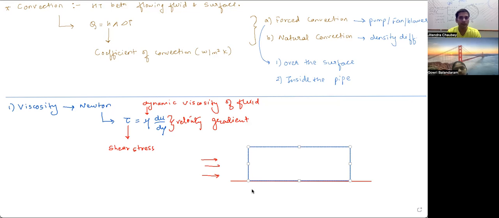The adhesive force is the force between the fluid and the surface, by which the surface clings to the fluid. It is the stickiness. And the cohesive force is the force between the intermolecular particles, like the force by which one particle attracts another particle. These are two forces which affect the viscosity.